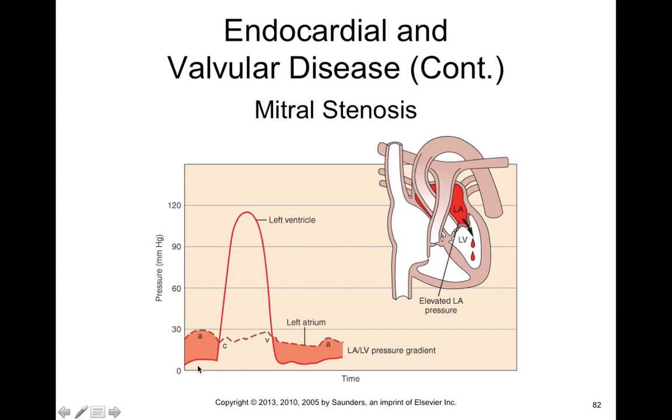So during ventricular filling and while the atria are contracting, these pressures should be matched. But what you're seeing here is a disparity. Pressure is much higher in the left atrium versus the left ventricle, and this makes clear that there's a narrowing of the valve, which is limiting communication of blood from the left atrium to the left ventricle. And that's why these pressures are so different.